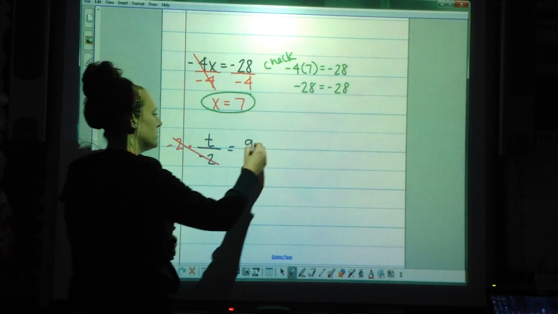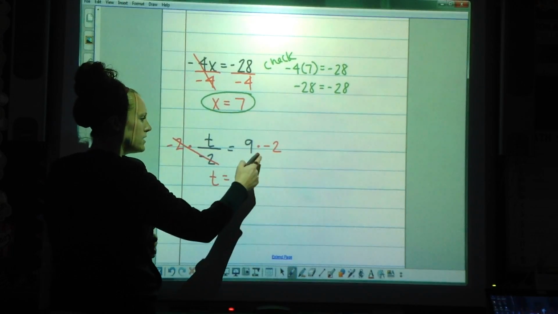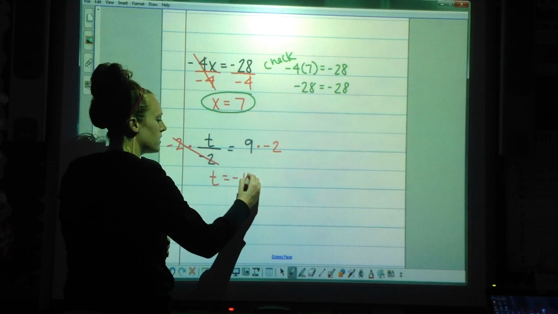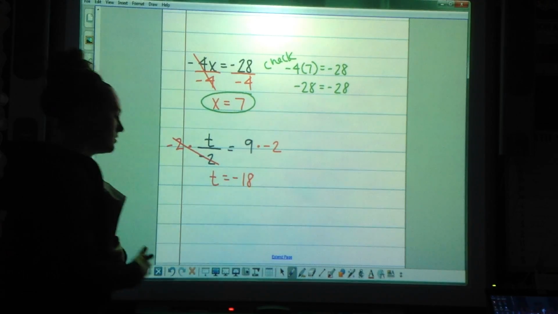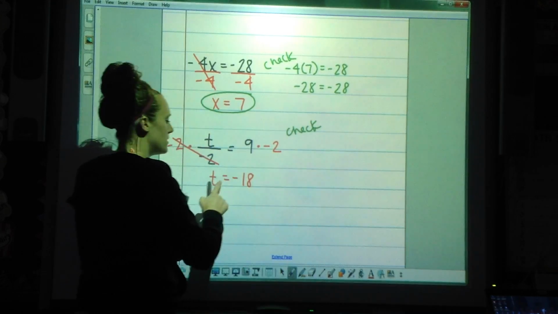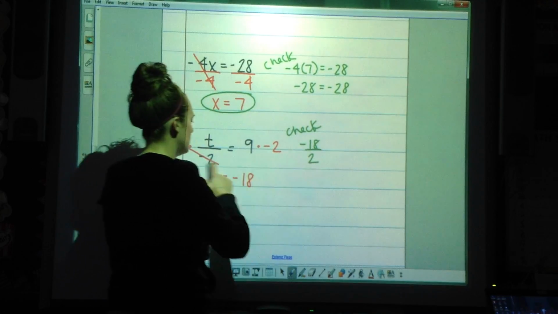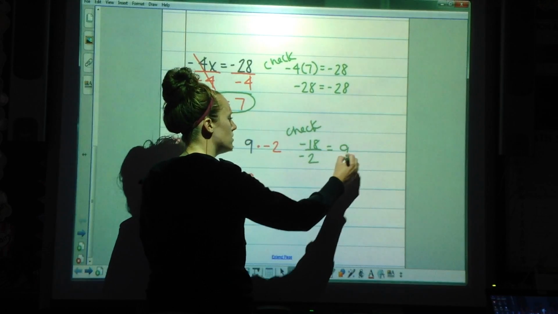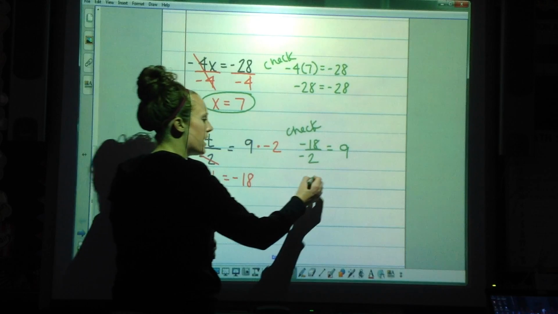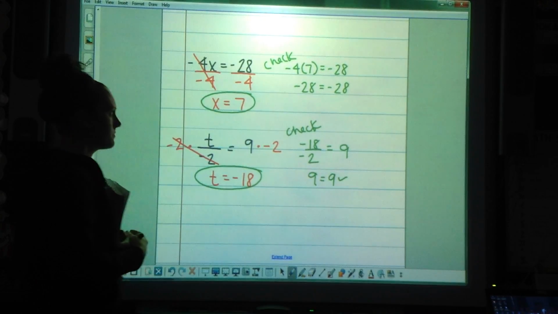It's gone off of here. 9 times negative 2 is negative 18. Let's check to see if that answer is correct. Instead of t, I'm going to put in negative 18 divided by negative 2. Solve this side, it means divide. Both sides are correct, so this is the correct answer.